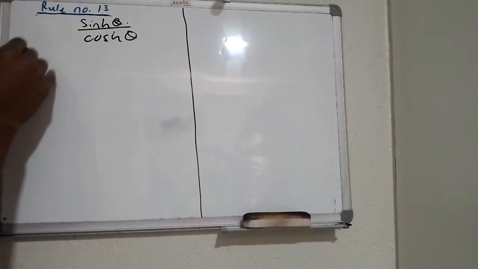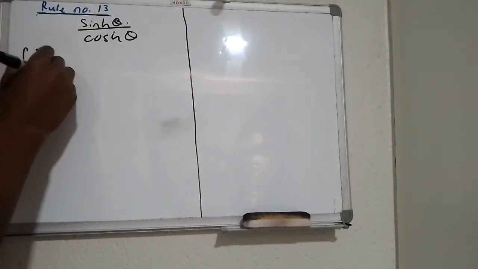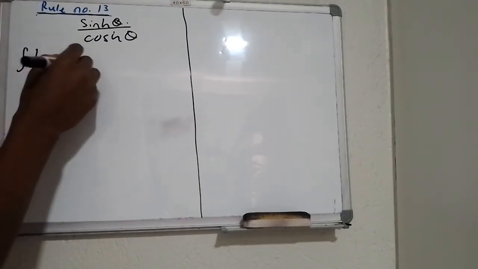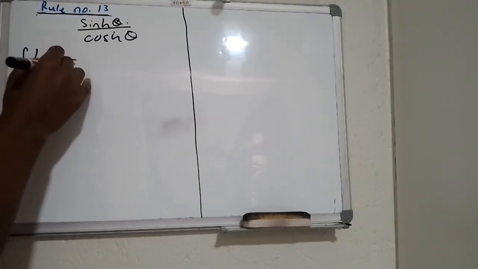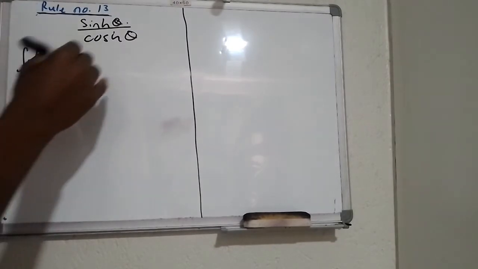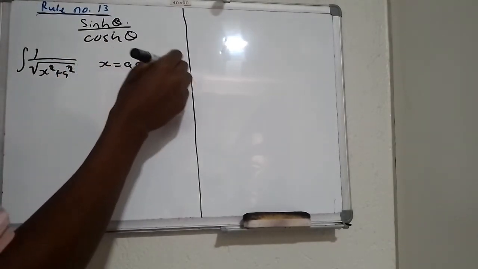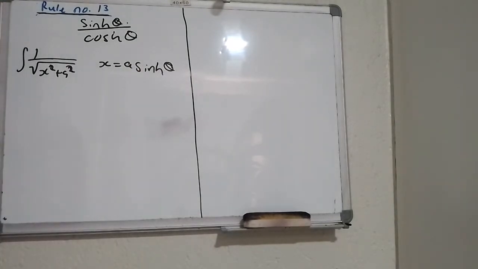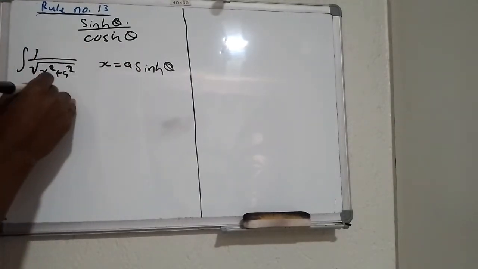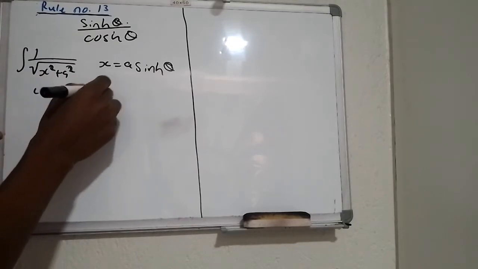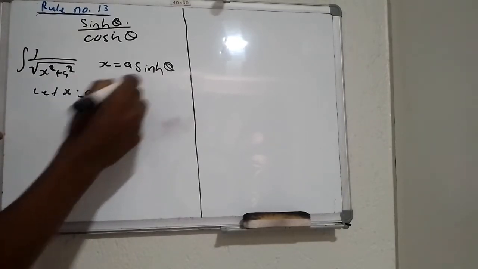If we are given something like this, this is where we're going to apply x equals a hyperbolic sine of theta. Remember, when you do this, you'll always say let x equal a hyperbolic sine theta.